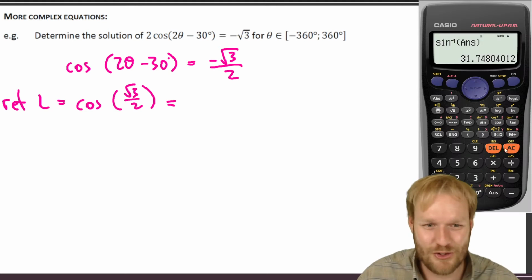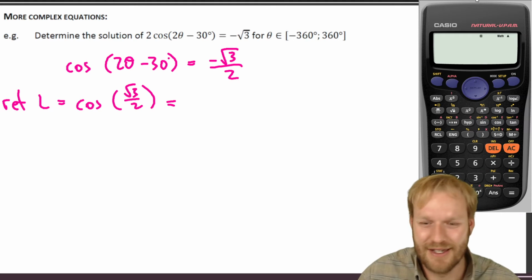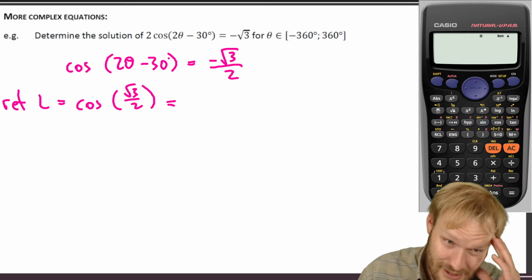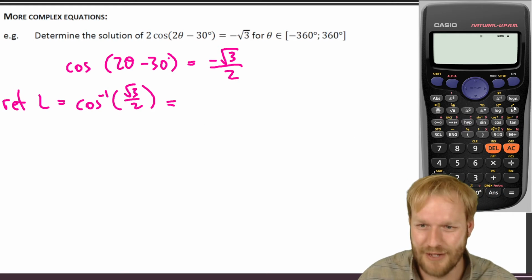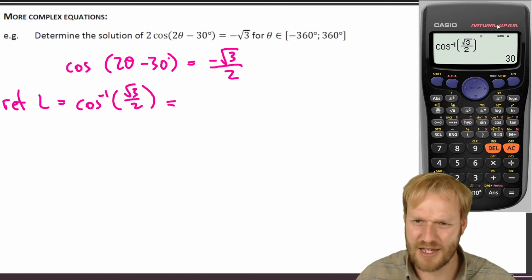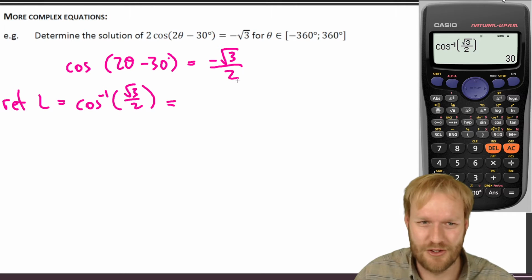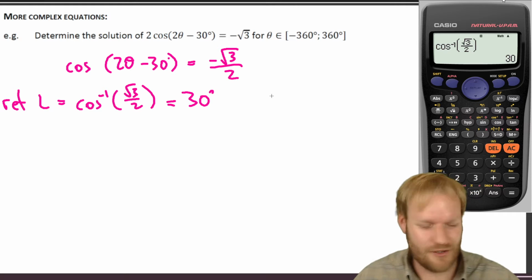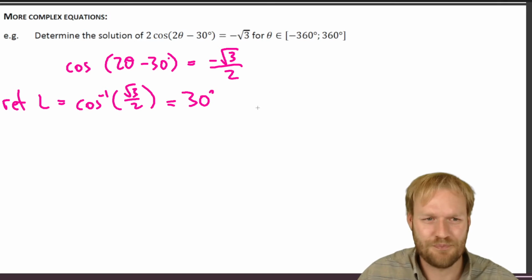I just went shift cos, which is actually R cos, but anyway, shift cos of √3 over 2. If you did know your special triangle, you got that a lot quicker than typing it in. So you've got 30 degrees as your reference angle.